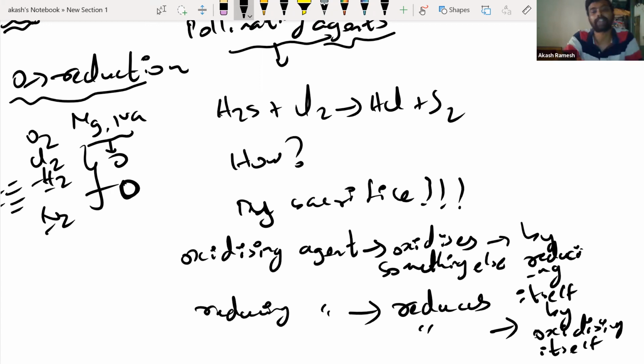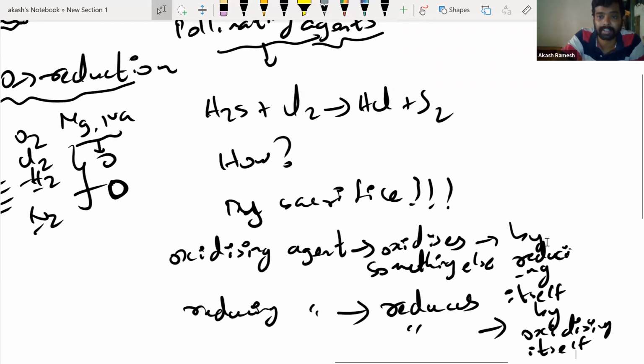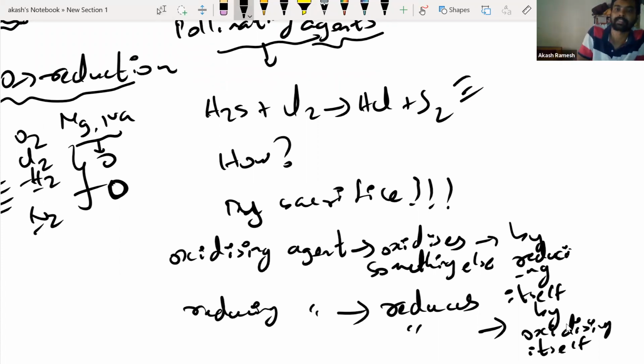So what you have to understand is: an oxidizing agent oxidizes something else by reducing itself, and a reducing agent reduces something else by oxidizing itself. So in a question, if they give you a reaction like this and ask you to find which is the oxidizing and reducing agent, it's very simple. You already know how to find which is undergoing oxidation and which is undergoing reduction.